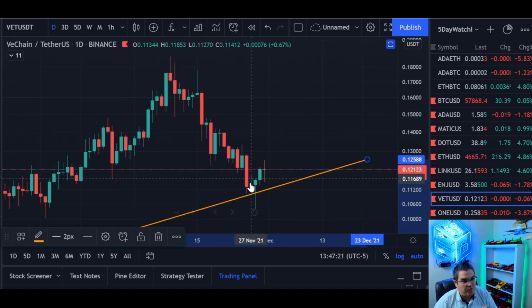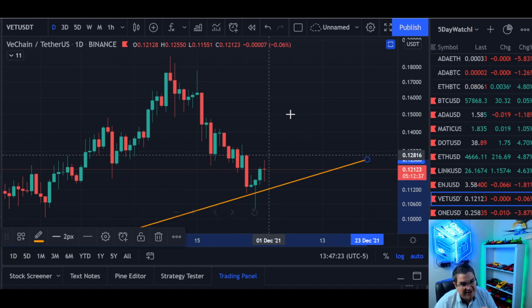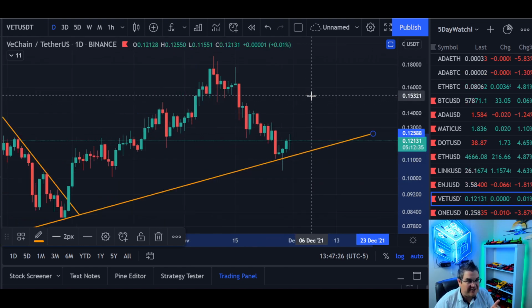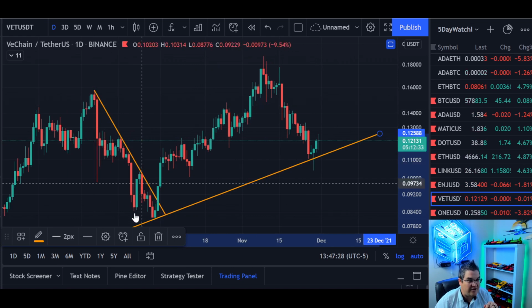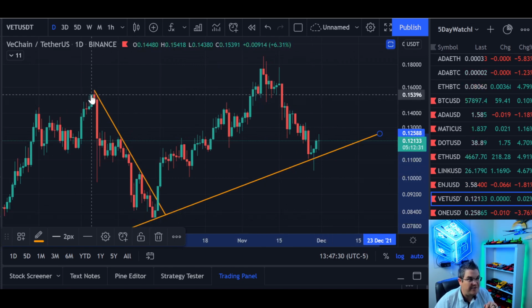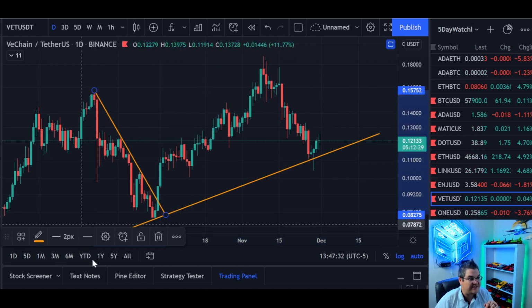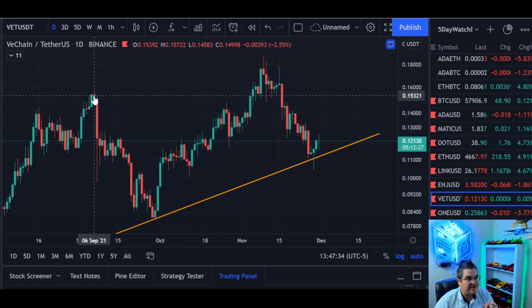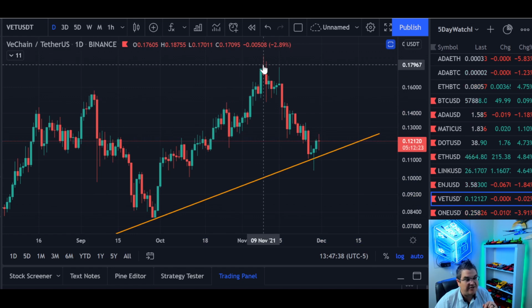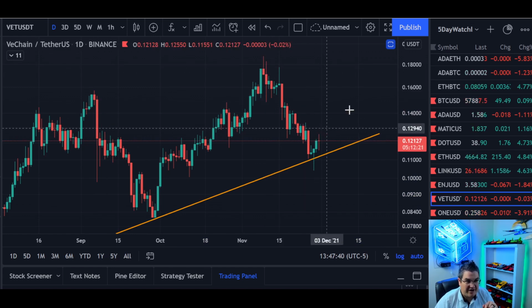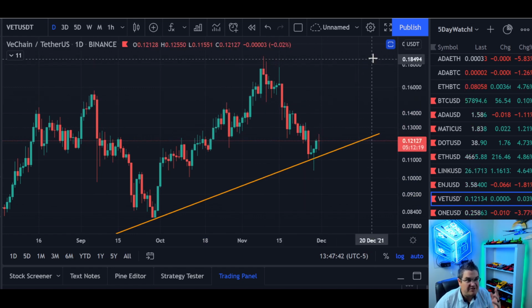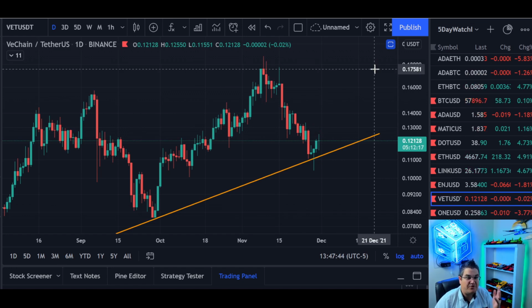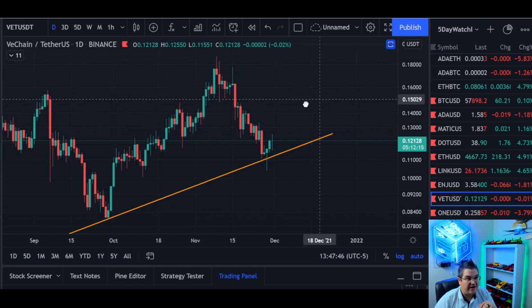G.I. Joe. What we want to do is continue the upside, and not only that, but we have to also not only make higher lows, we need to make higher highs. See how we've done this? Let's remove that one. High here back in September 6th, and another high here on November 9th. So let's go ahead and make maybe January, first week of January, we do another higher high.